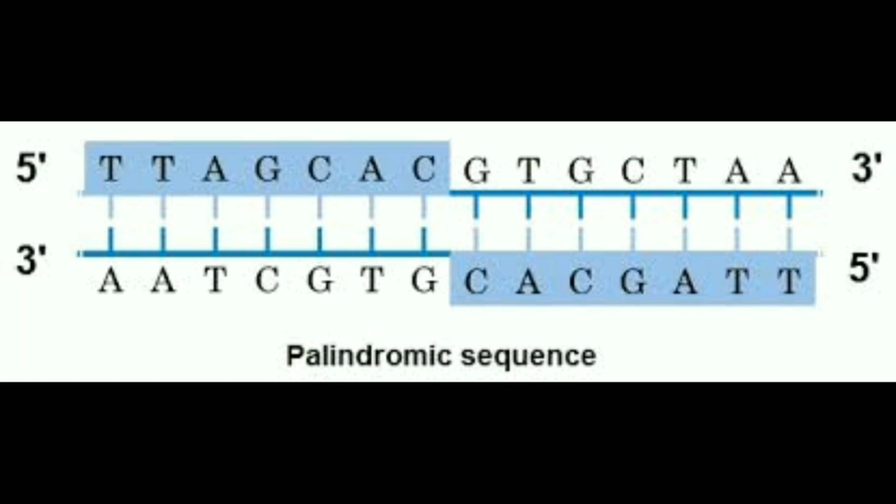A palindromic sequence is a sequence of DNA in which, if we take one strand from 5' to 3', the sequence is the same as the other strand read in the same direction, from 5' to 3'. That is, when the reading orientation is kept the same, they have the same sequences. Such a sequence is a palindromic sequence.